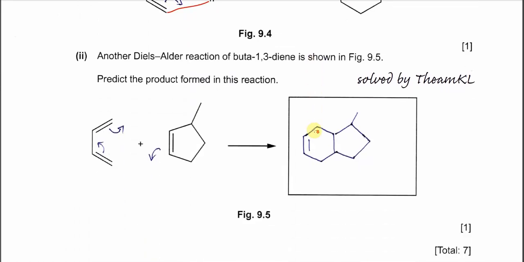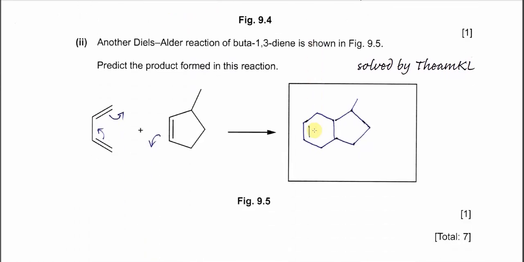And of course, for the last part, you need to follow the same mechanism to predict the products. Because now we have this cyclic compound, you need to do the same thing. The arrow is actually flexible. Let's say now we draw this arrow from this double bond to form this new C=C double bond.